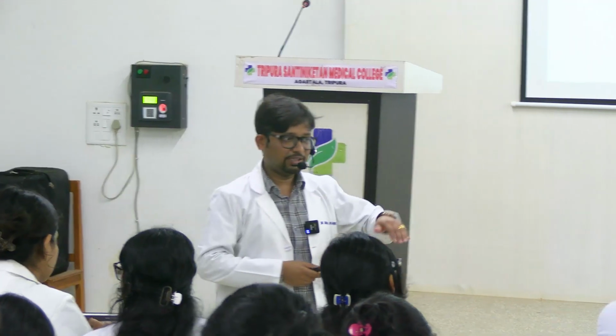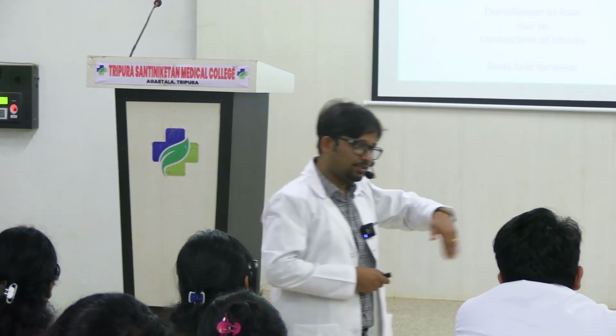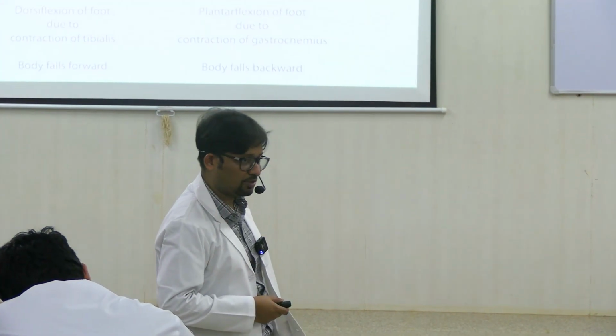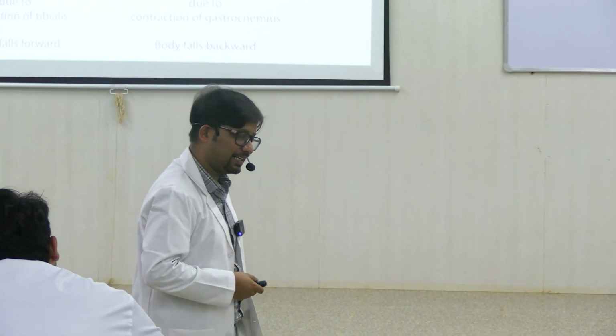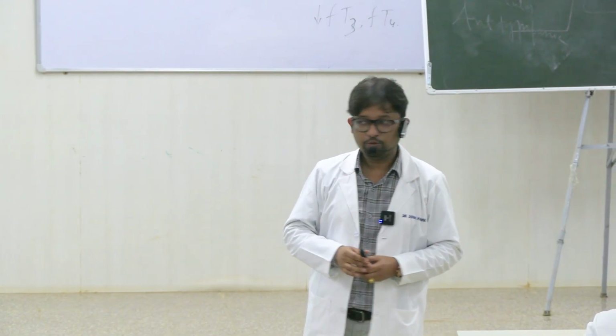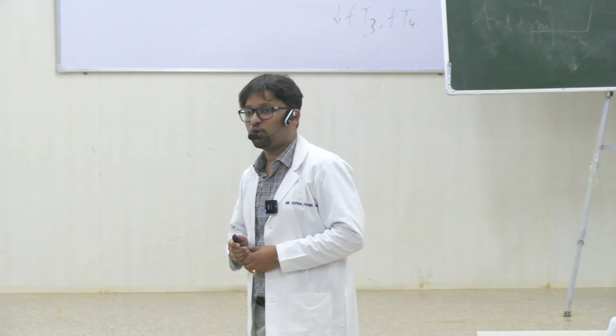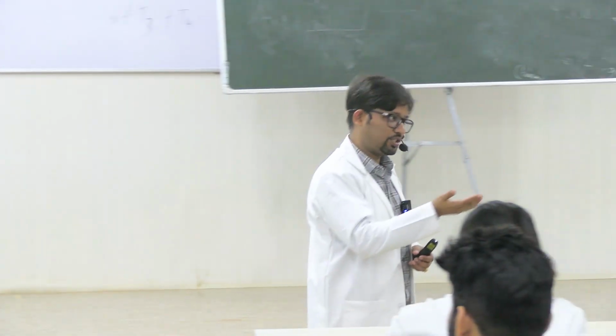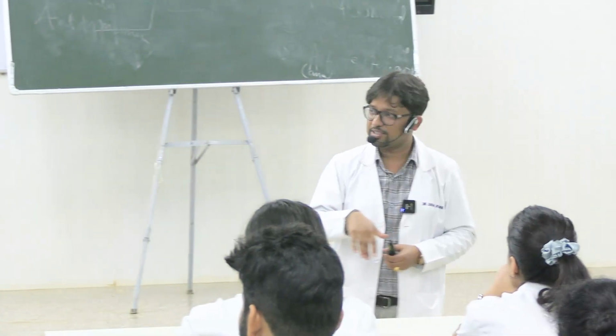You can either flex or extend it back to the normal position, right? You cannot go beyond this. Ankle joint, you can move both ways. This is the difference. You can plantar flex, you can dorsiflex. So there is one neutral position, one dorsiflex position and one plantar flex position.